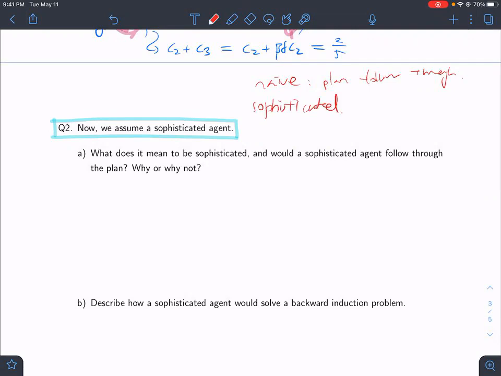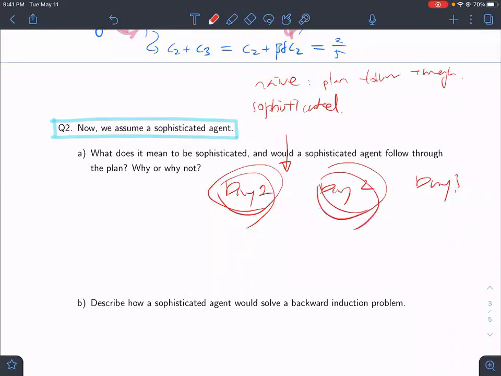Okay, so when I want to solve for day 1, day 2, and day 3, starting on day 1, I need to think about how day 2 guy will behave. So I first solve how day 2 guy will behave. Using that, I solve the whole problem.